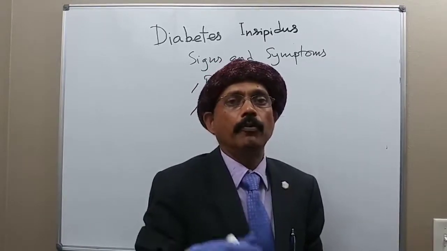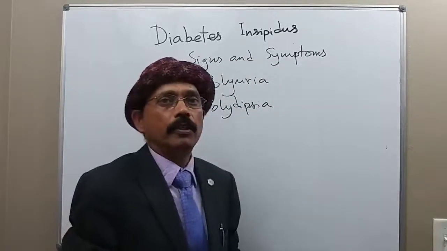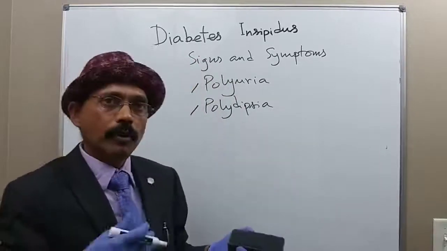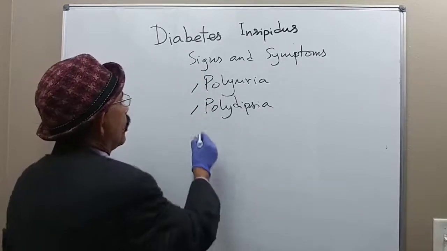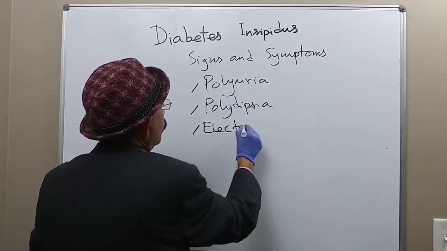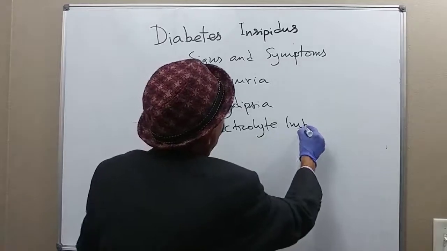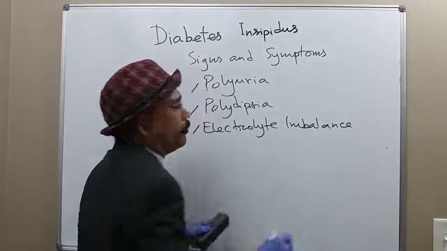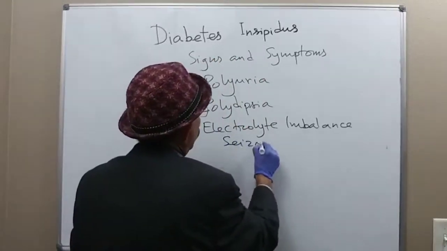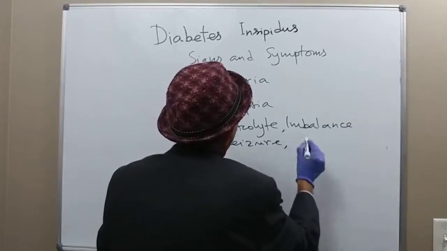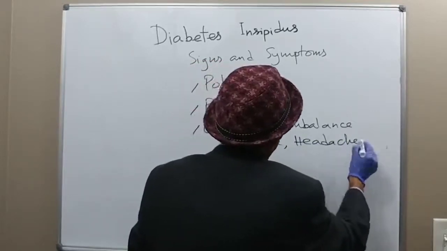People are losing urine and become thirsty, so they take too much water. So we got polyuria and polydipsia. We may also have electrolyte imbalance, and even seizure or headache. That is possible.